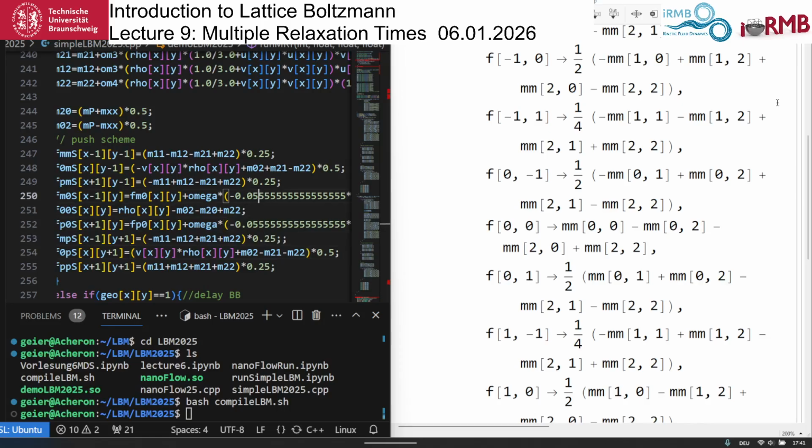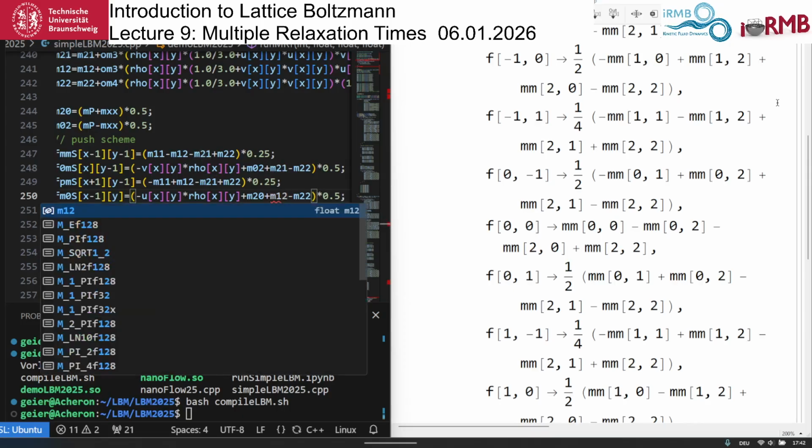Okay. So lazy as I am, I will also use this as a template here, knowing that we have to change a lot here. So M minus, so this will obviously be U now. By logic, this should be 2, 0 and 1, 2, right?